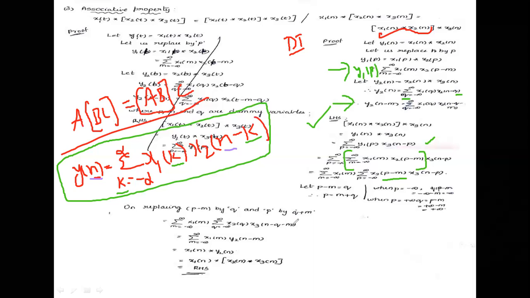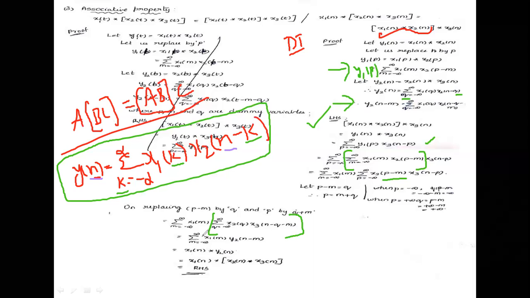That is equal to the sum over m from minus infinity to infinity of x1 of m, and now you can see this one, the sum over q from minus infinity to infinity of x2 of q, x3 of n minus q. The two signals we have, that is y2 of n minus m.